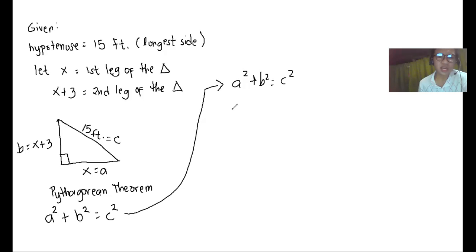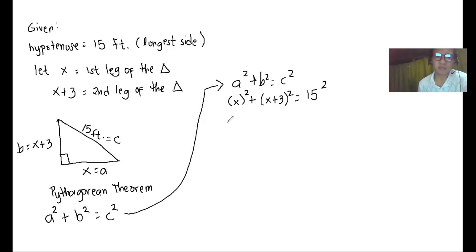Our A is x, so quantity x squared, plus B, which is quantity x plus 3 squared, equals C squared, given 15 squared.